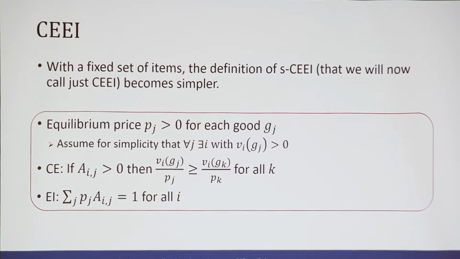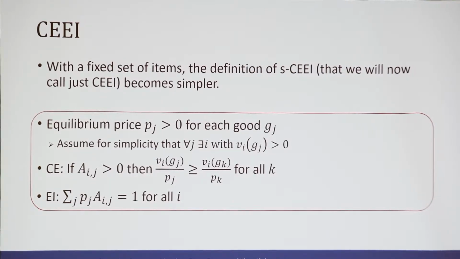So what's our definition of CEEI here? Well, for one, we saw before that our strong CEEI was really a better definition. So we're going to go with that now. And what it says here is that there's going to be some equilibrium price for each good. We're going to assume just for simplicity that every good is valued positively by at least one agent.